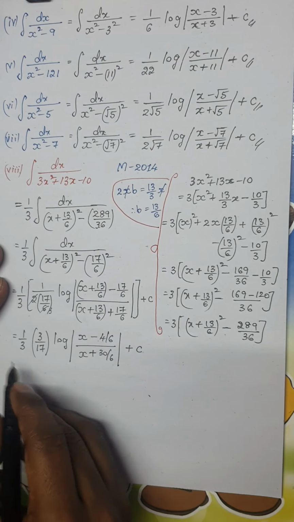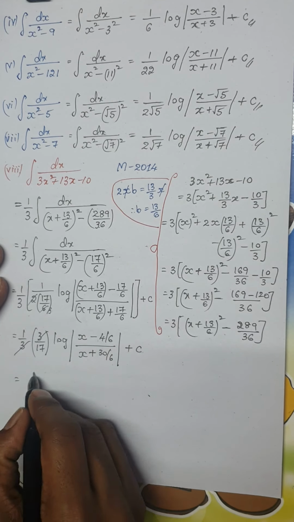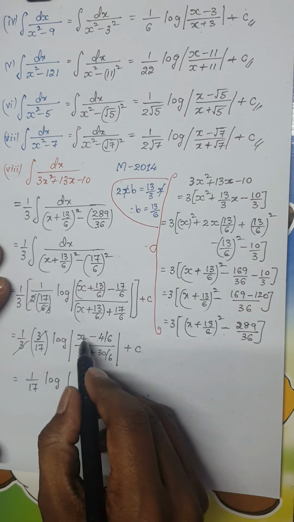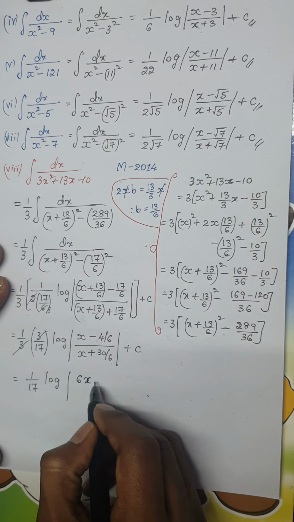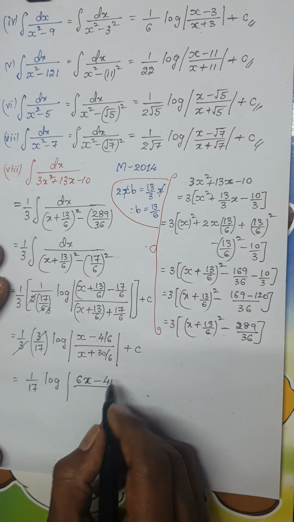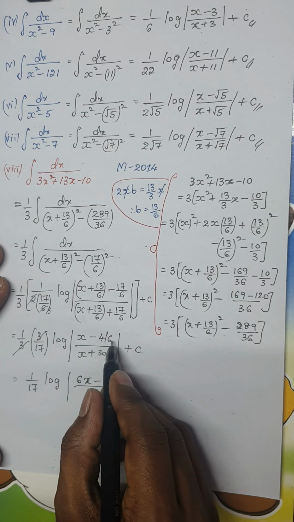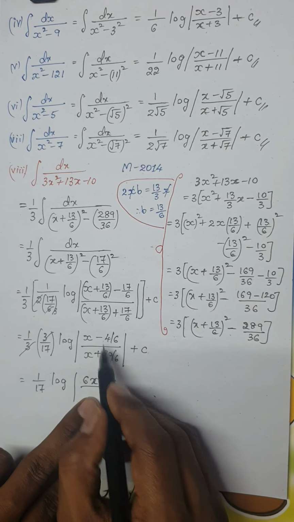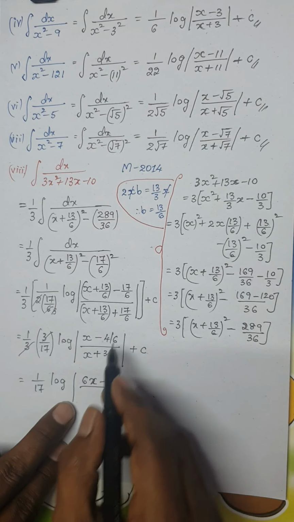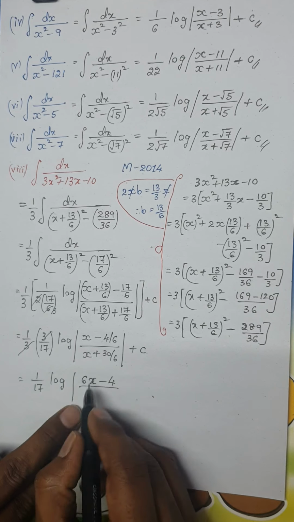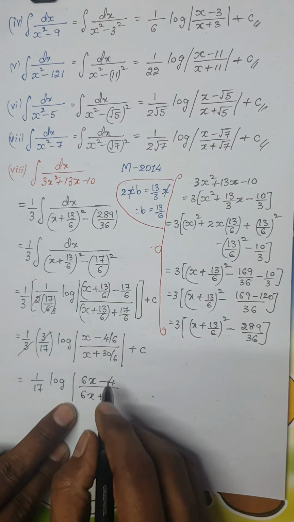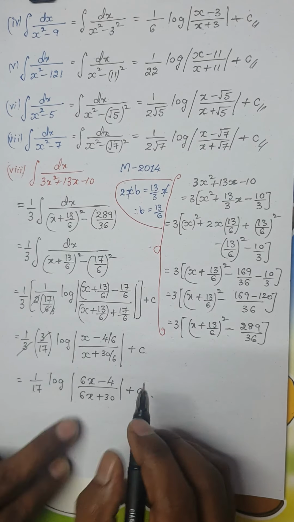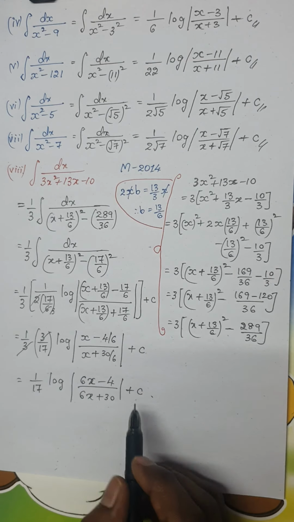Now if you take the LCM and this 3 and 3 get cancelled, I'll get 1 divided by 17 into log of mod. If you take the LCM, you will get 6x minus 4 divided by 6, which will have 6 as the denominator, which will automatically be cancelled. So I will cross multiply. I'll get 6x plus 30 plus c, which is the constant of integration.